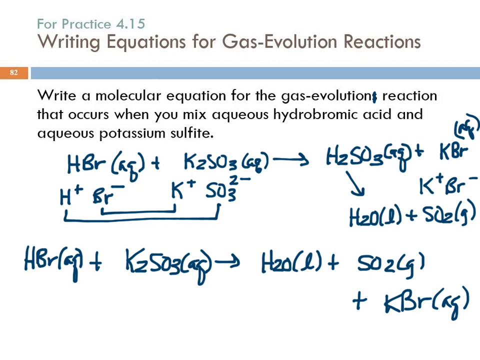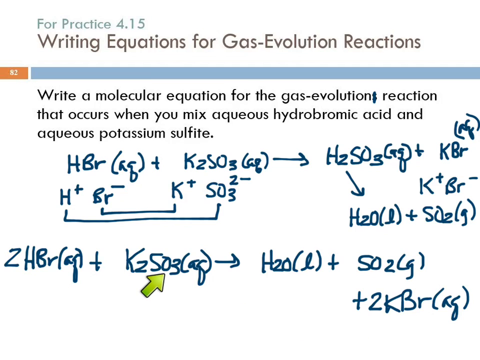Well, let's look through this. There's one hydrogen here. There's two over here. So I'll put a 2 there. And bromines now, there's 2 Brs here, and there's only one on the right side, so I'll put a 2 there. Potassiums, there's 2 and 2.